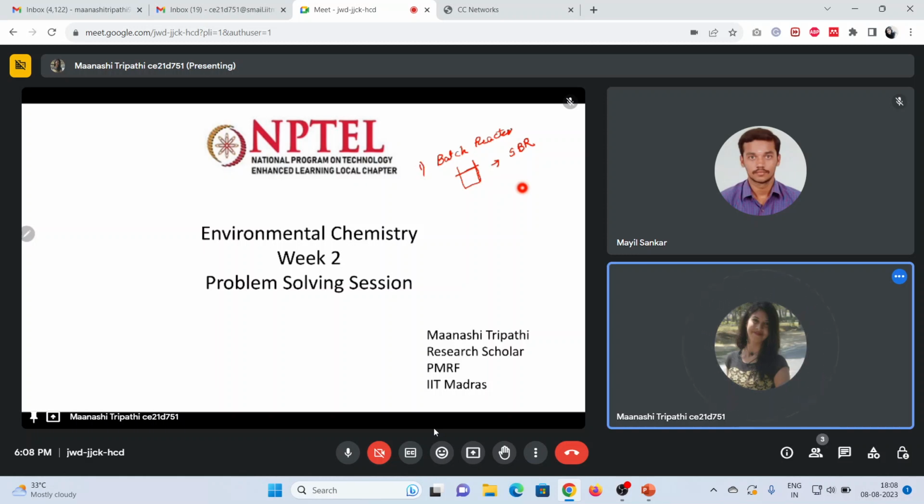Second reactor is the completely stirred tank reactor, or continuous flow stirred tank reactor. Here there is some inflow coming, there is some outflow, and there is some reaction going on. This can be an example of ASP, or a natural example is a lake.